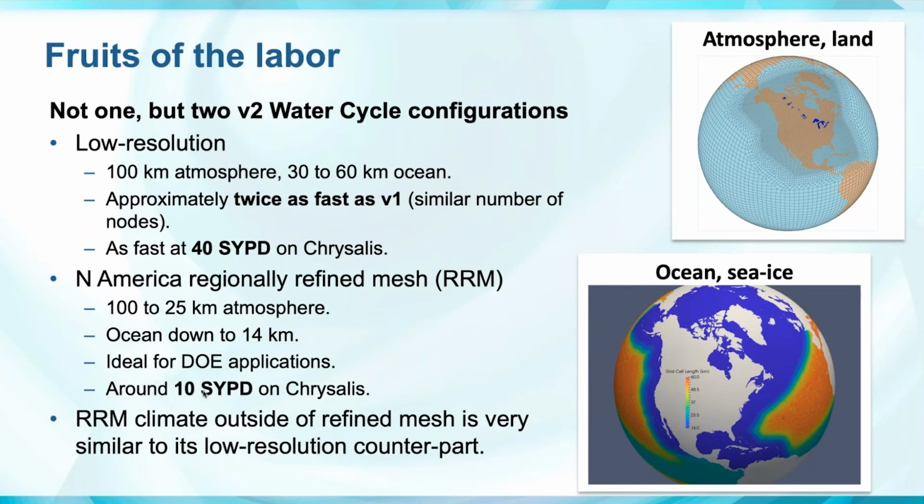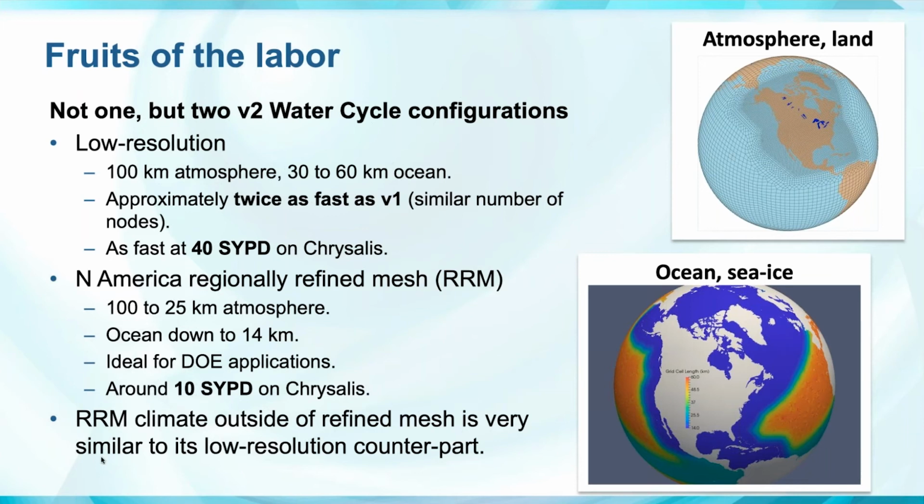And this resolution gets approximately 10 simulated years per day on Chrysalis. So if we compare to where we were in V1, we ran the simulation campaign with the low-res model on Edison, and we're getting 10 years per day. Now we can get the same years per day with the RRM on a faster machine. So that's also a huge improvement.